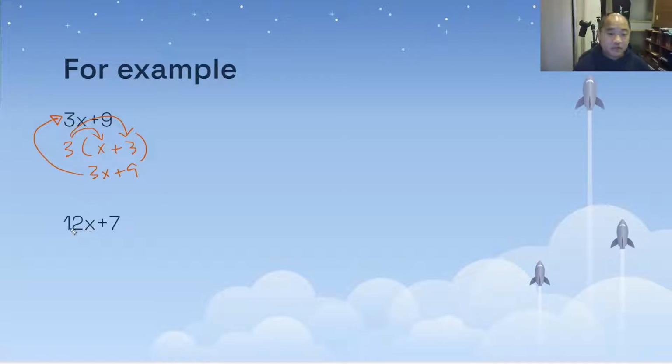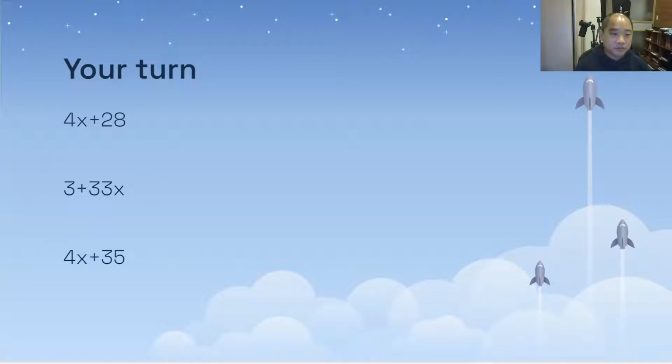Okay, so is there anything that 12 and 7 can both be divided by? No, not other than 1, right? So this one cannot be factored. Okay, your turn. Welcome back. I'm just going to breeze through these.